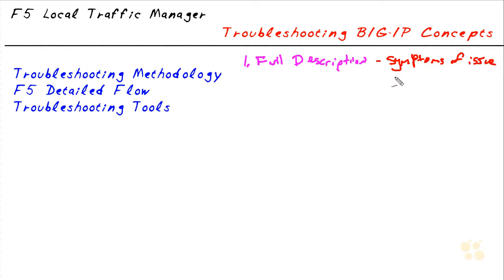Time frame, so looking at the time of first occurrence, as well as the number of times something has happened. Any error output, which your F5, your BIG-IP system, can produce. Can you reproduce it? Basically, is it recurring or intermittent?